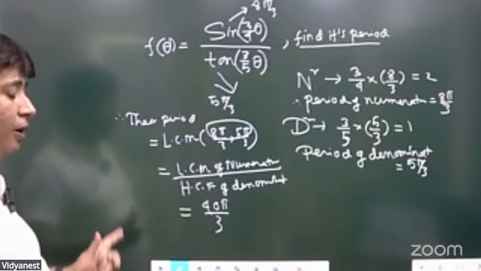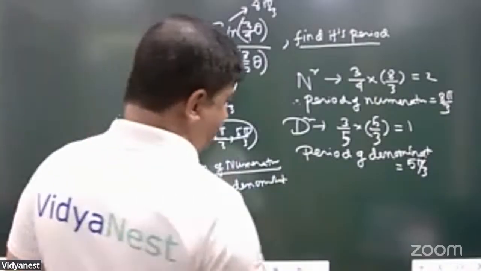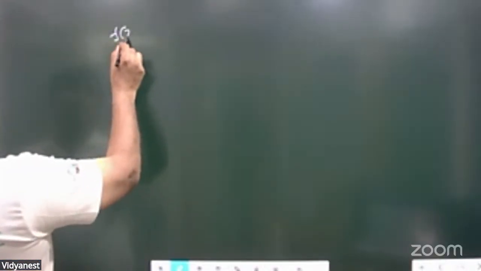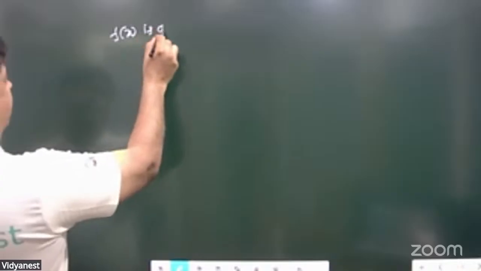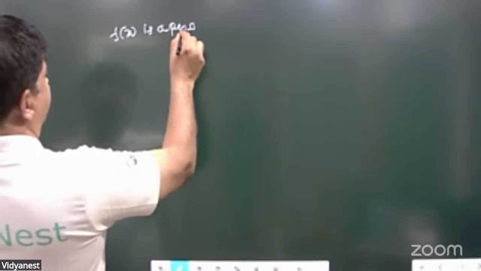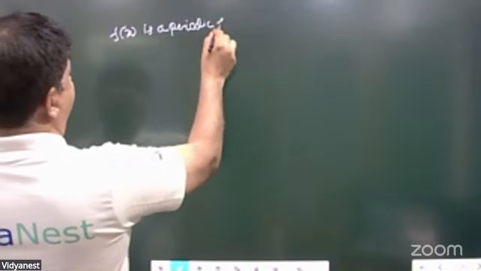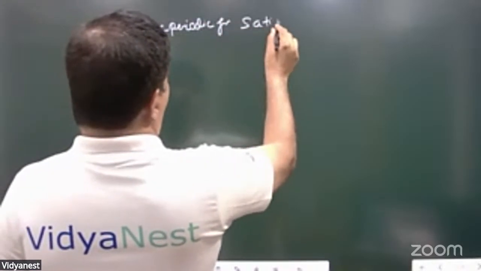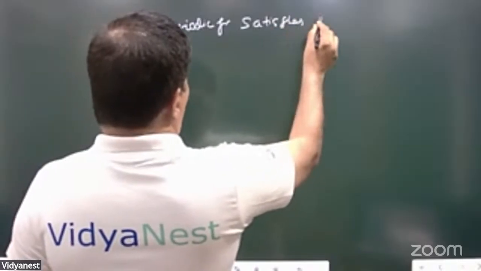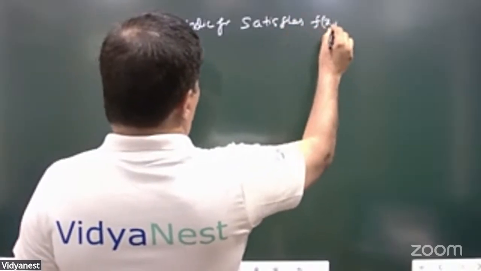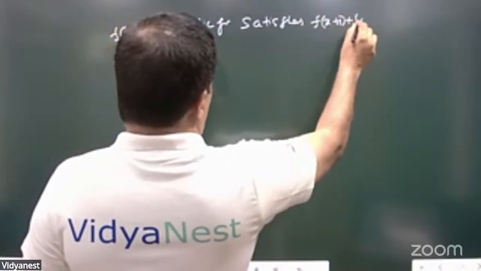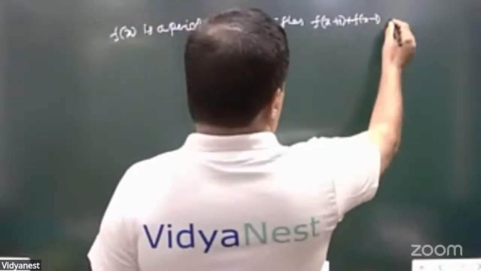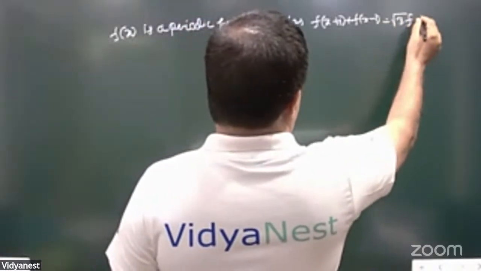Another type of periodic function you may define. What is that? Suppose f(x) is a periodic function satisfying f(x+1) + f(x−1) = √3 f(x).